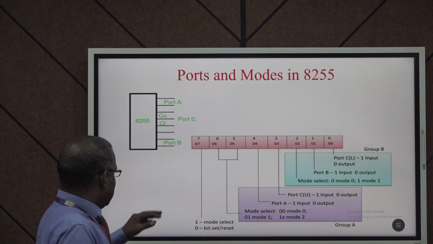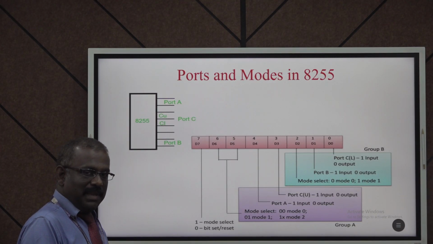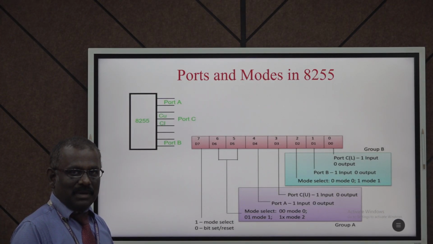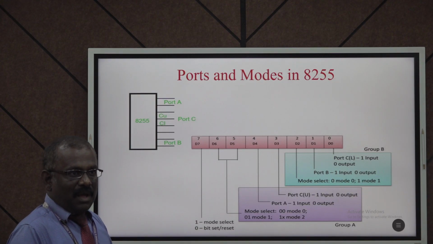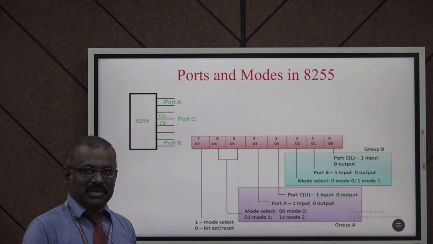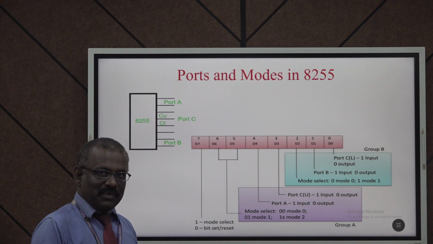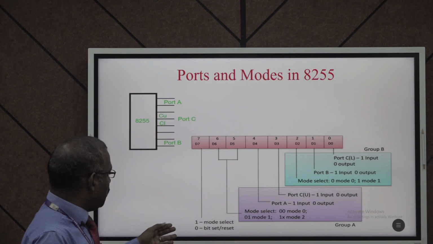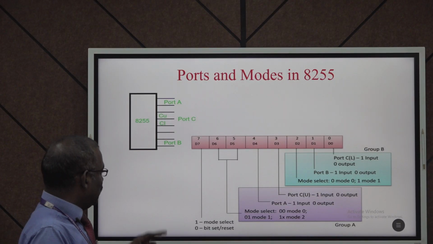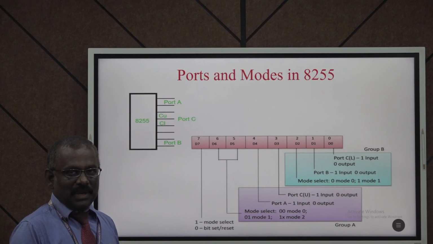So, in IO mode, there will be 3 modes of operation: mode 0, mode 1, mode 2. All the ports, port A, port B, port C, will be operated in mode 0, that is simple IO, whereas in mode 1 we can operate group A as well as group B, but we can operate only group A in mode 2.